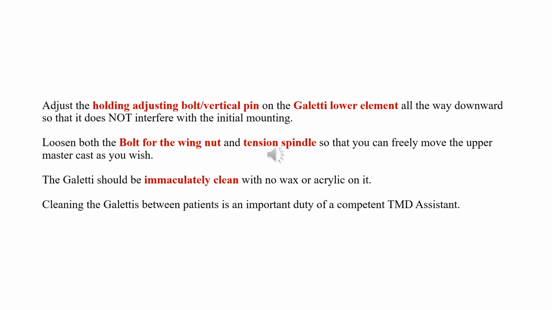Then you loosen the bolt for the wing nut. The wing nut is the nut that has wings on it. You'll see that. And you loosen it. And then you're also going to loosen the tension spindle, which, if you turn it, locks the side-to-side movement of the top element.